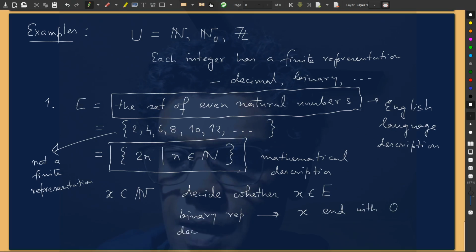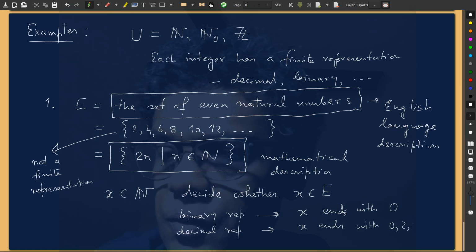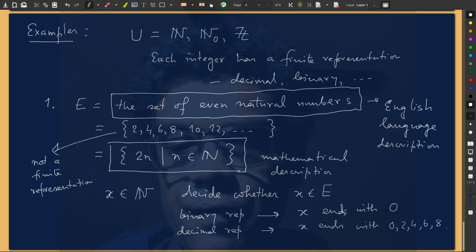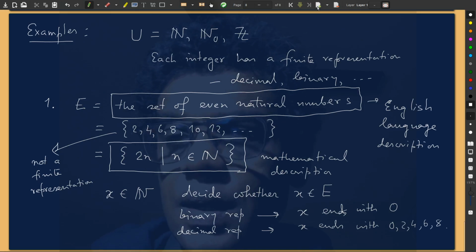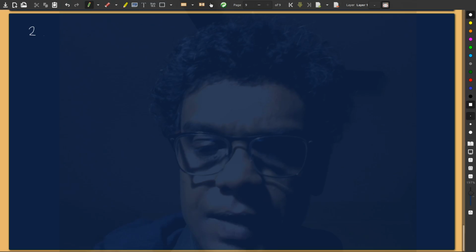If it is a decimal representation, x must end with 0 or 2 or 4 or 6 or 8. Okay. So this is a very simple example of a language of integers.